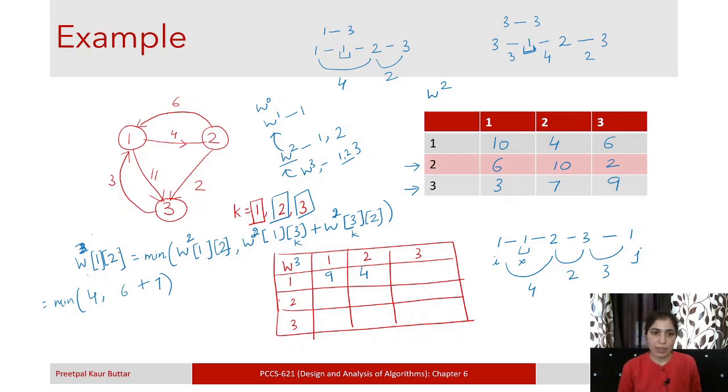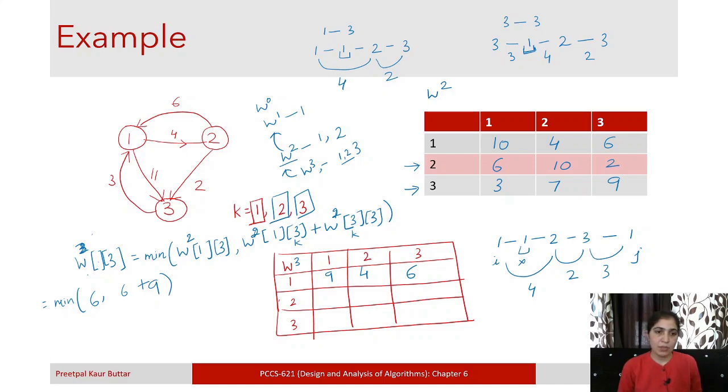Now let us move to the last cell in this row, 1, 3. So j is 3. Here also it is 3. Okay. So W13 is 6 and W33 it is 9. So again no change here.